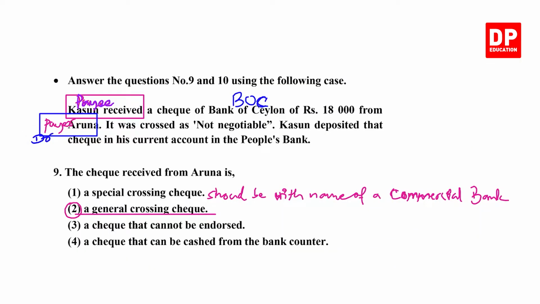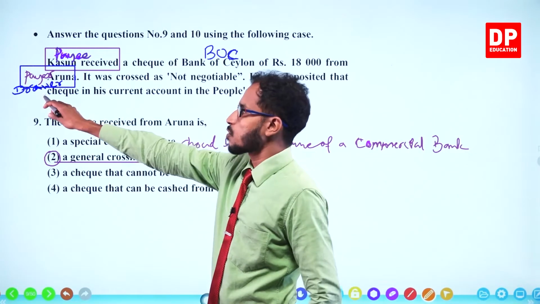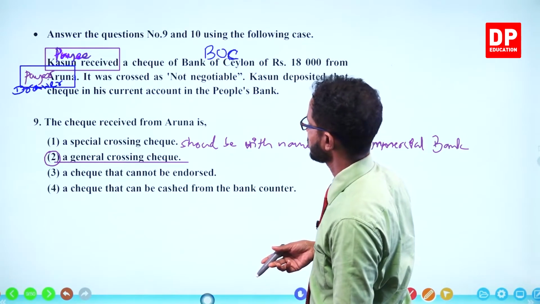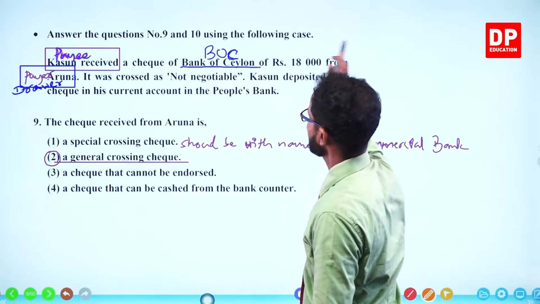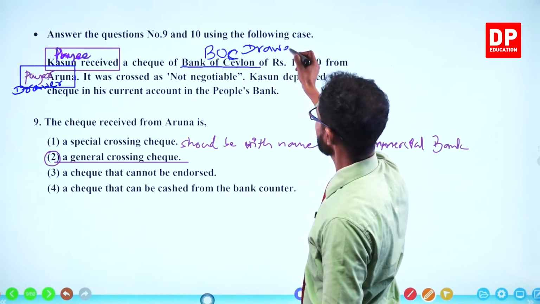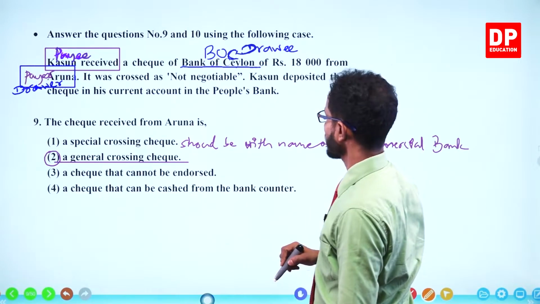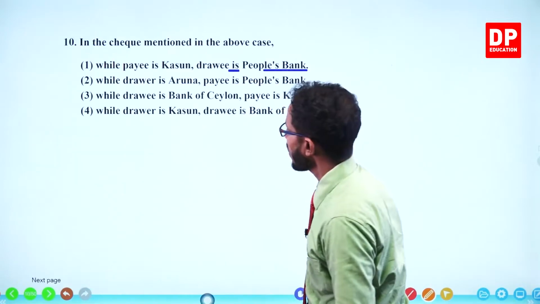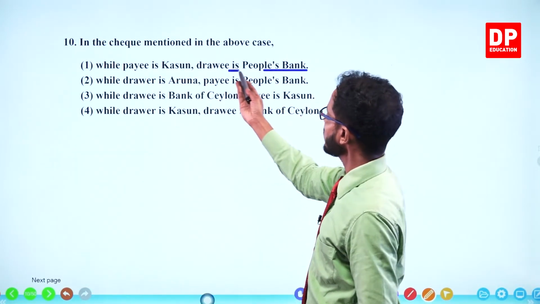Payer is also known as drawer. Payer is drawer. Drawee is the bank, BOC. This is the drawee. All right, so let's go and check. While payee is Kasun, drawee is People's Bank?